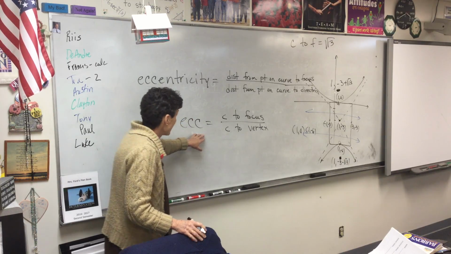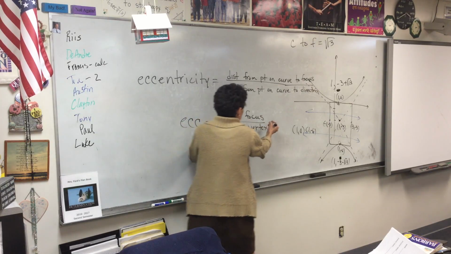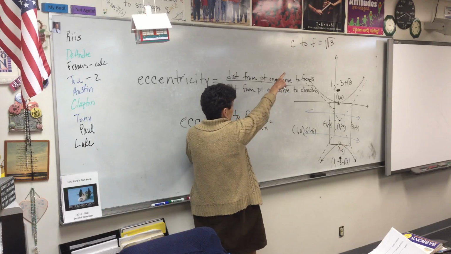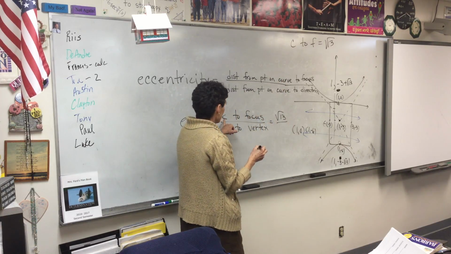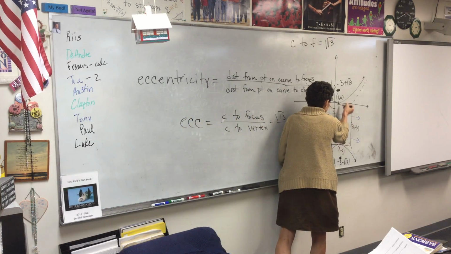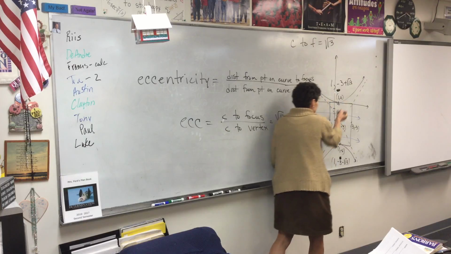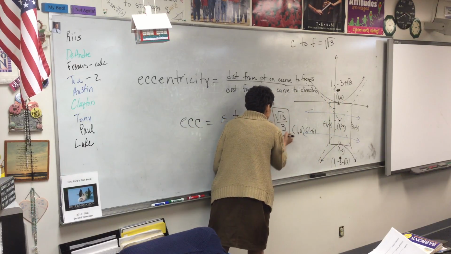Now, for this hyperbola, do I know the distance from the center to a focus? Yes, that's root 13. What about center to vertex? Yes, it's 3. There is your eccentricity.